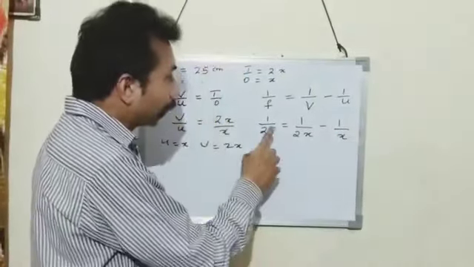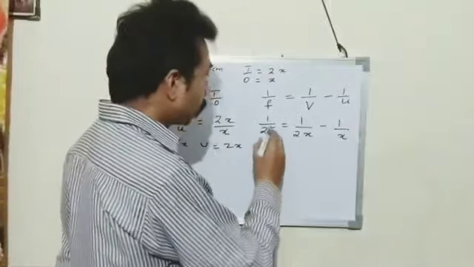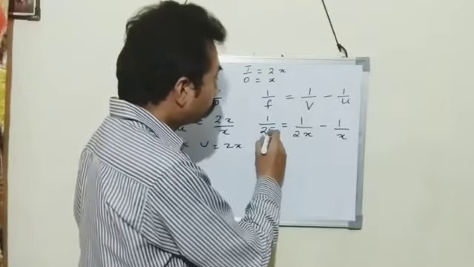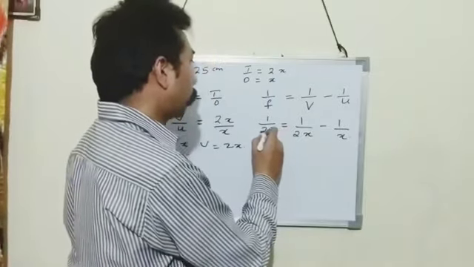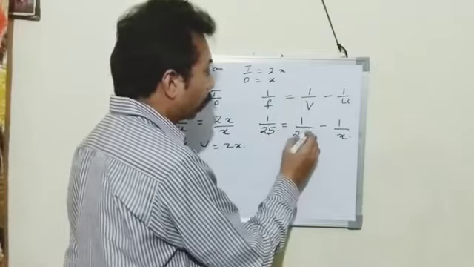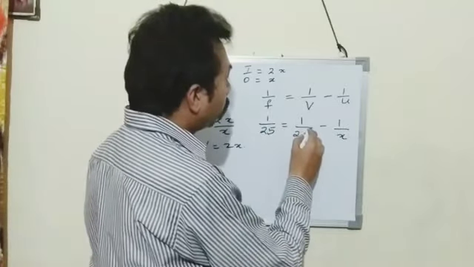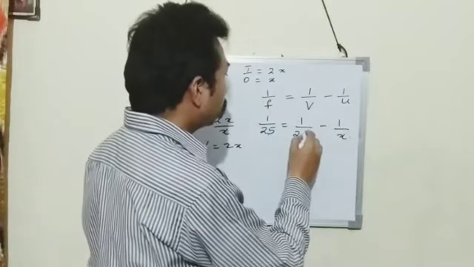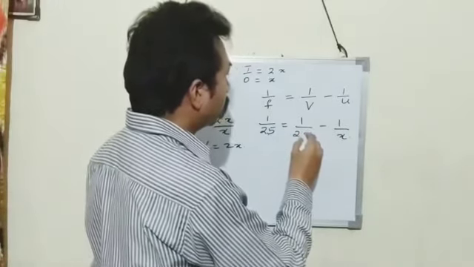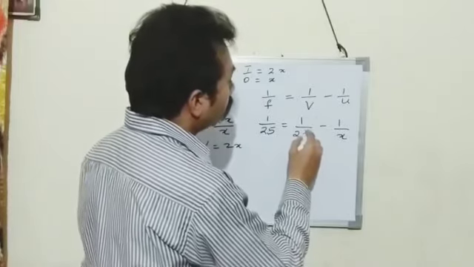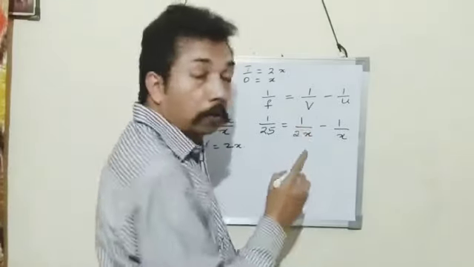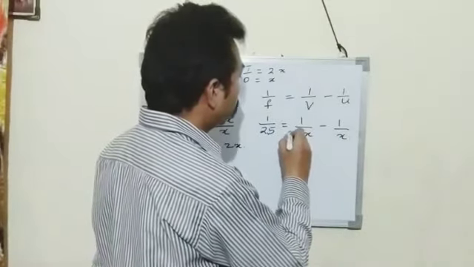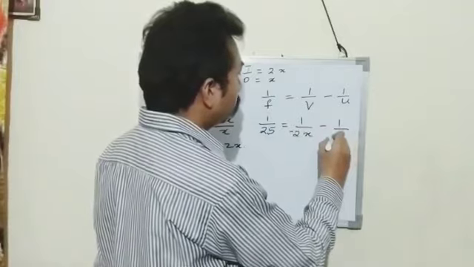Now we apply the sign convention. Since it is a convex lens, focal length is taken as positive, and since a virtual image is formed on the same side, v also has a minus sign, and u also has a minus sign.